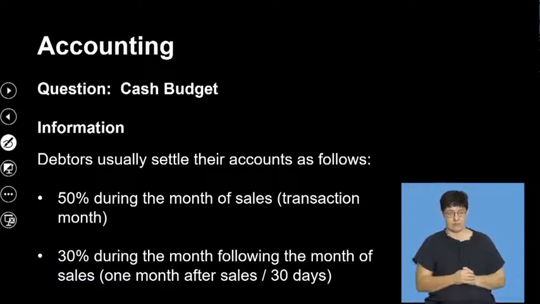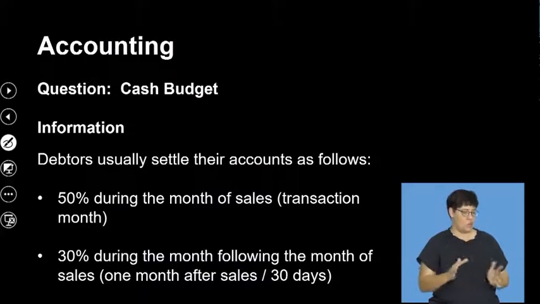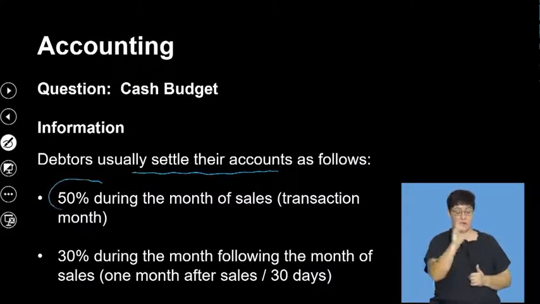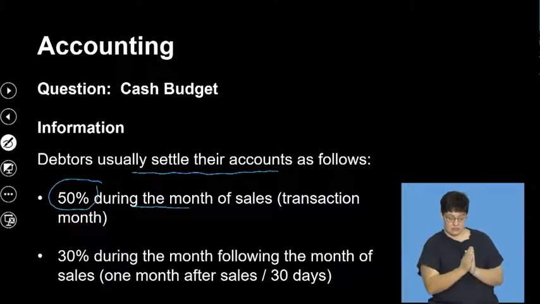Now, how are my debtors paying their debt? How are they settling their debt? Watch. They settle the accounts as follows. 50% during the month of sales, that means in the transaction month.